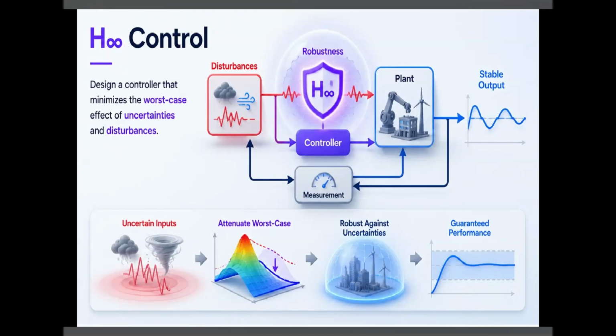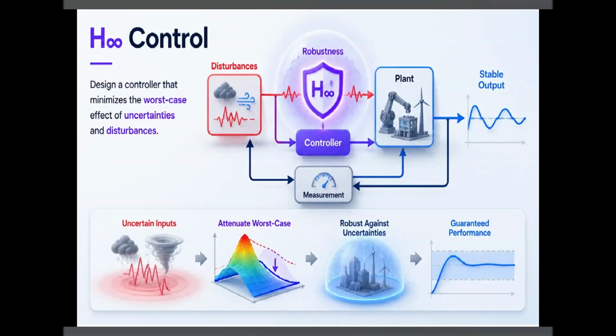So the question becomes: how can we design a controller that continues to perform well even when reality doesn't exactly match our model? This is the motivation behind H-Infinity control.